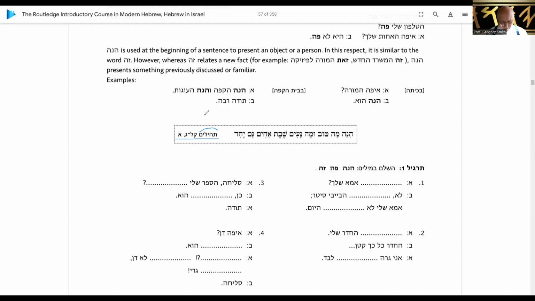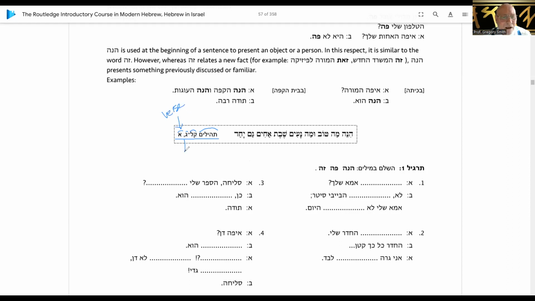Psalms 133, verse 1. Okay, so we got Tahilim, kol. Let's see here. This is probably gimel and then aleph. I bet you that's a verse.